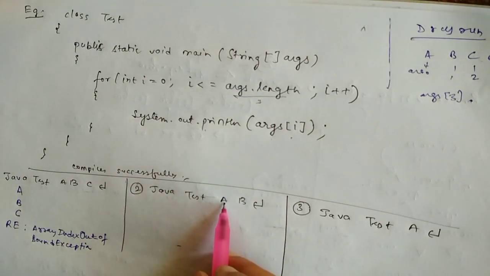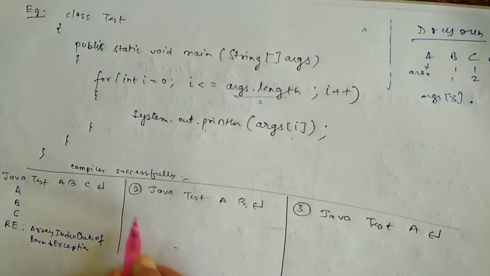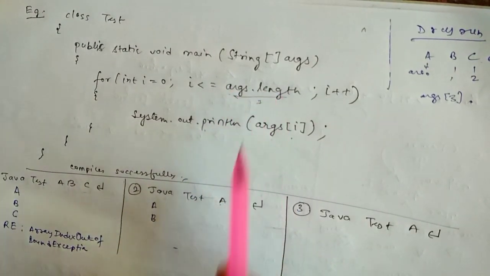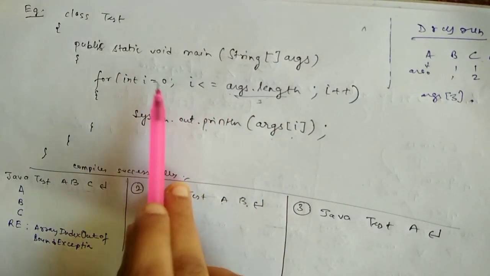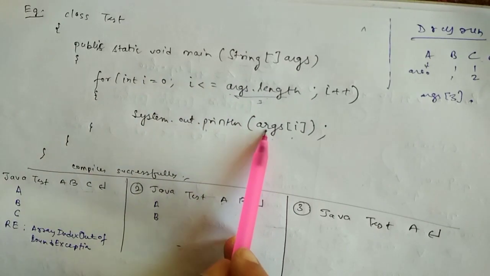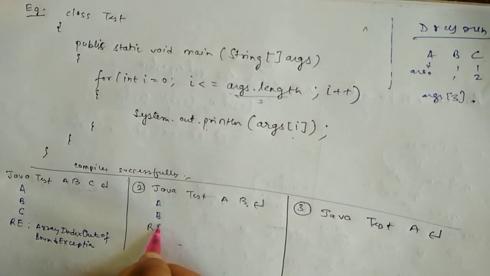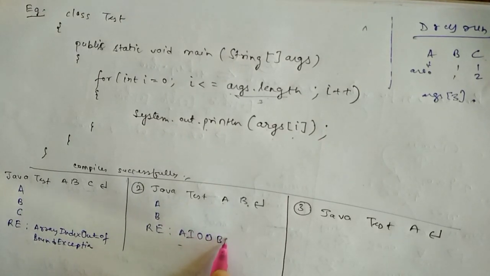Okay, so we will look into the second case. Suppose we give an input as A and B. So what will be the output? The output will be similarly A and B, and args.length will be 2. So at the second case, when it comes to 2, and 2 is equal to 2, args of 2 is not there. So we will get a runtime exception saying array index out of bound exception.